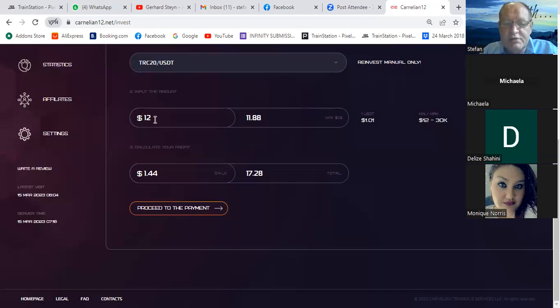So your $12 gets you 11.88 coins. Remember, USDT is a coin. It's not money. It's not fiat money. It's a coin. So once you've set this up and you've got your amount in, that is the amount you're going to send. If your platform that you send it from is set in dollars, that is the amount of coins you're going to send. If your platform is set up to send coins, they differ. They do differ. All right, then you proceed to payment.